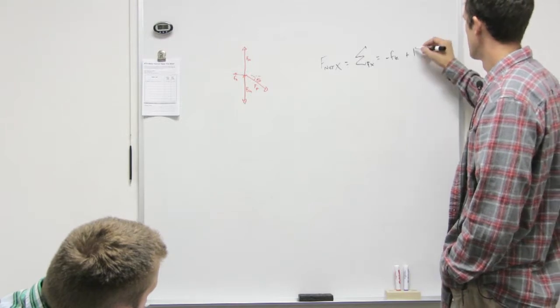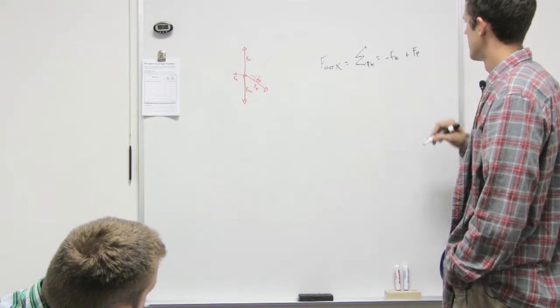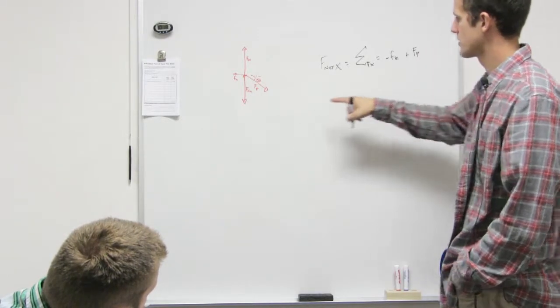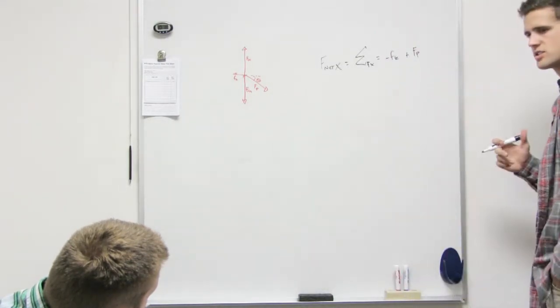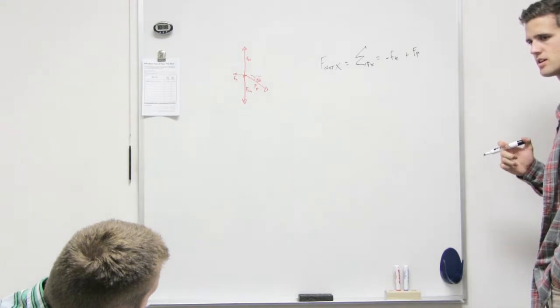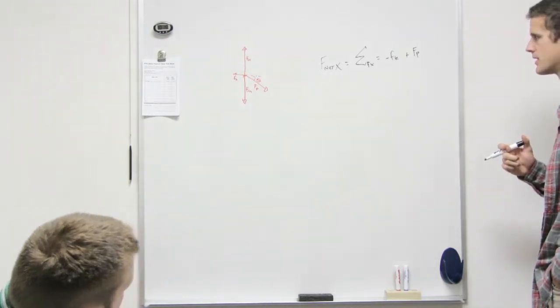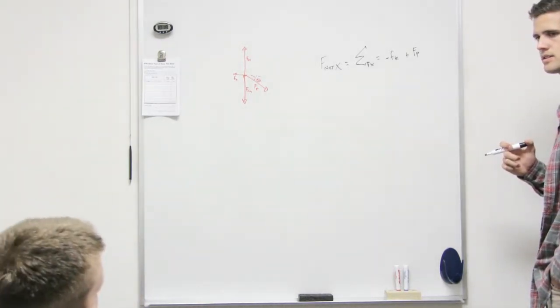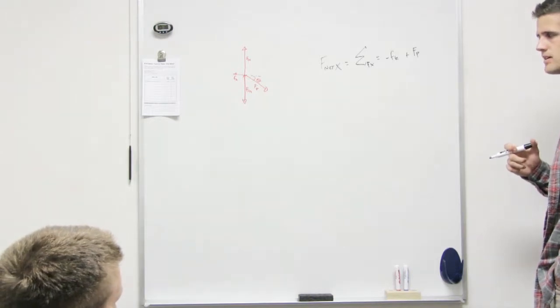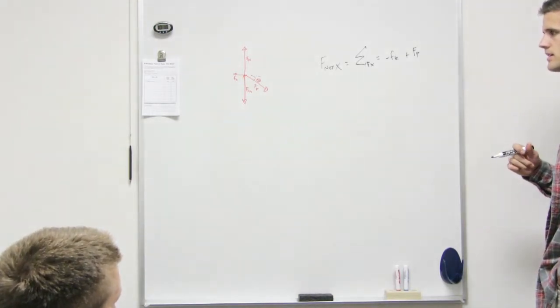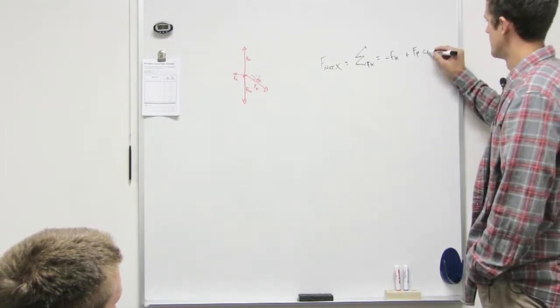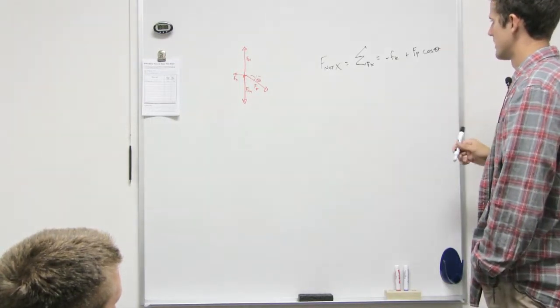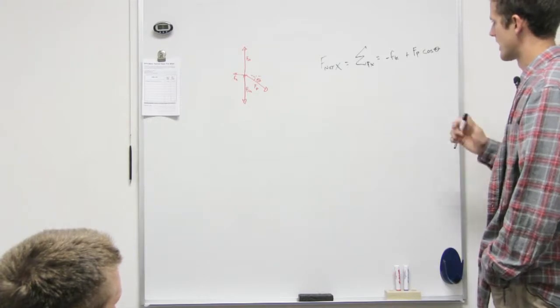Okay, yeah, positive. But is it the entire force here? No. So what do you do with that to get it just in the x direction? So the cosine of the angle. Yeah, you can multiply by cosine of theta. So that would be your equation in x.